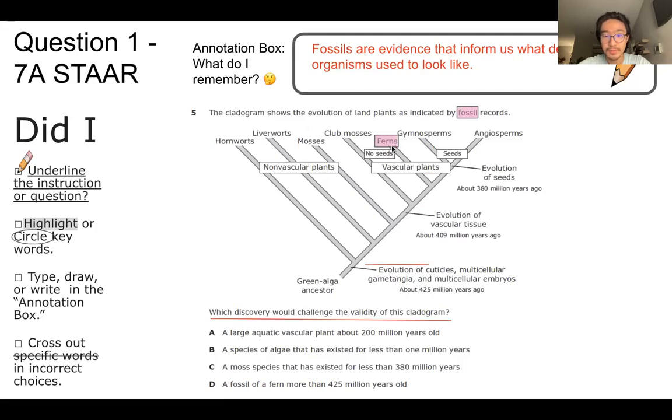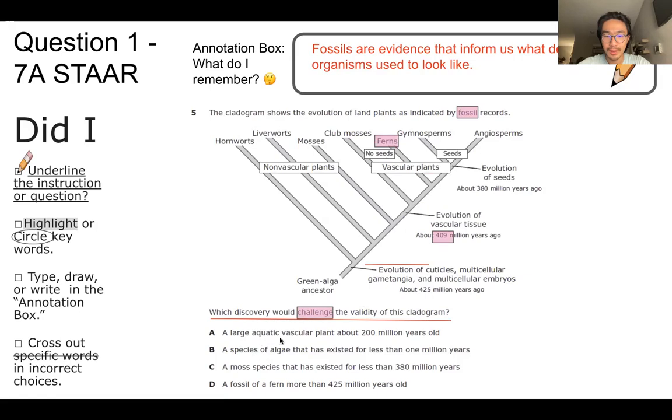I want to bring your attention to ferns and how the evolution of vascular tissue occurred about 409 million years ago. So it happened here. So everything over here has vasculature. These are vascular plants. So what would challenge the information here? Let's read one by one.